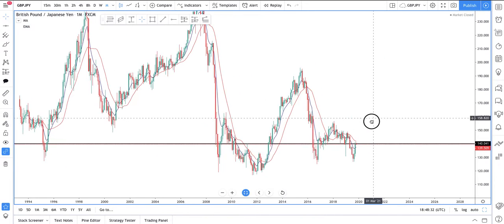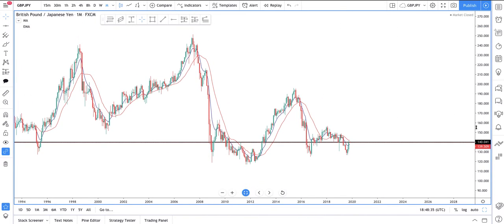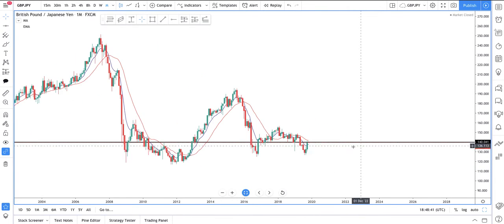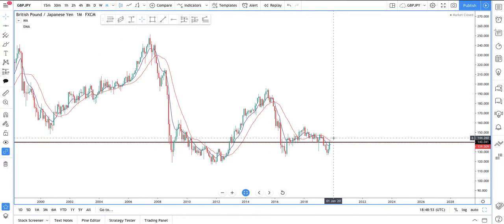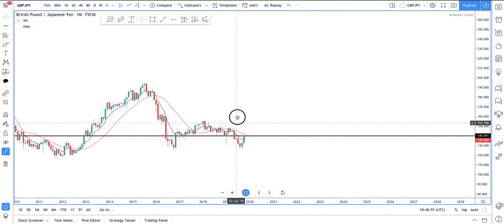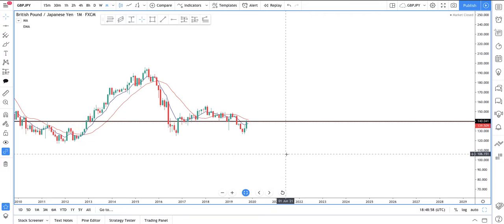Obviously, overall direction seems to be bearish, but we've found major support right here. So I'm hoping that it's found its bottom. It's probably going to go all the way up here sometime in a few months or so, but right now, in the long term, I am bullish on this pair.